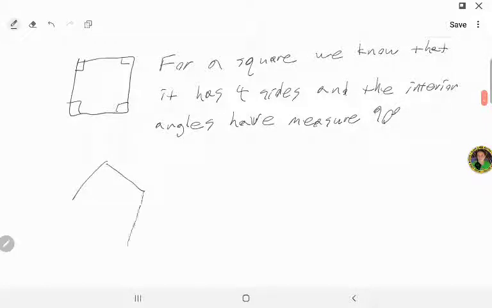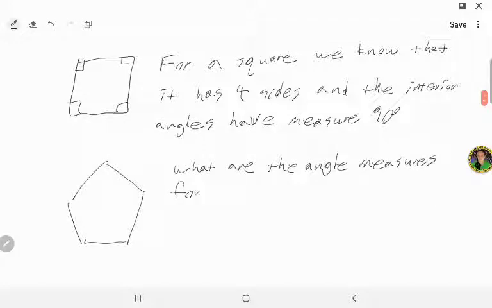So we'll pretend that this pentagon is a regular pentagon. What are the angle measures for a pentagon?